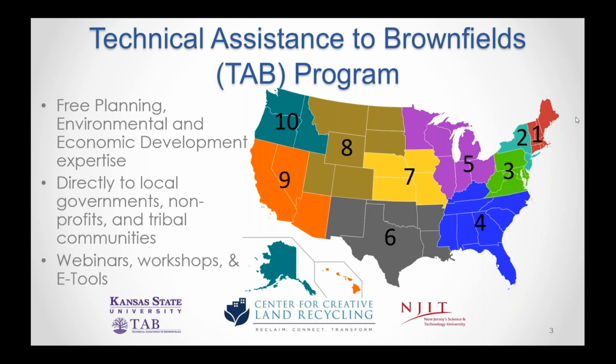Kansas State University is the lead for national TAB efforts as well as tribal technical assistance. We also focus efforts in EPA regions 5, 6, 7, and 8 on the map here on this slide. The Center for Creative Land Recycling, or CCLEAR, focuses on EPA regions 9, 10, and 2. And NJIT focuses their efforts on EPA regions 1, 3, and 4.